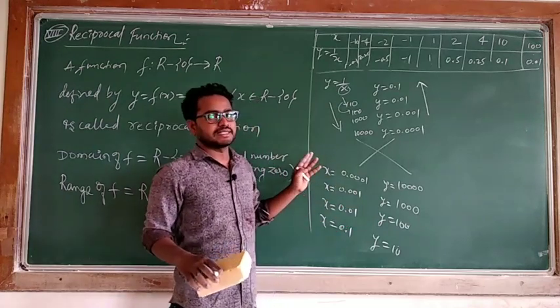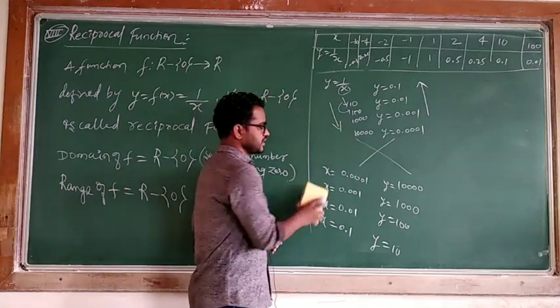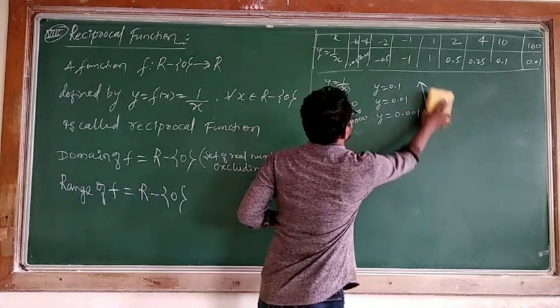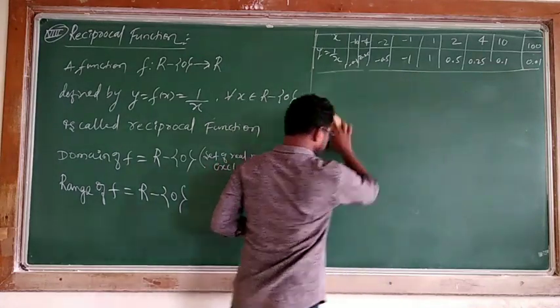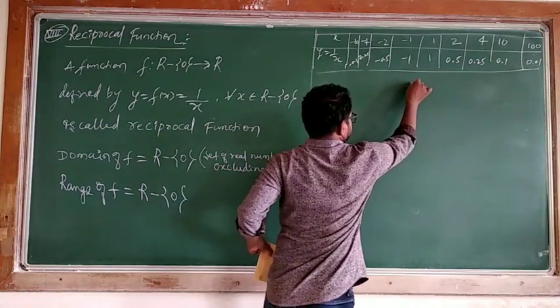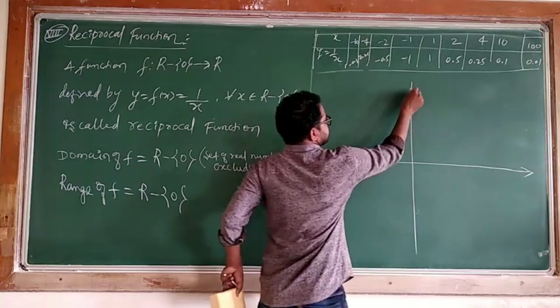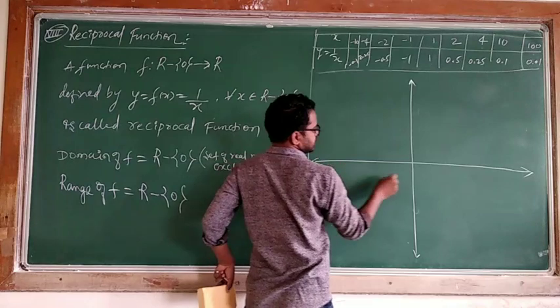When x is nearer to 0, y is nearer to infinity. You can take some numbers and substitute. According to the graph, I can roughly draw it. Don't consider exact points. You can understand the nature of this graph and draw it roughly.